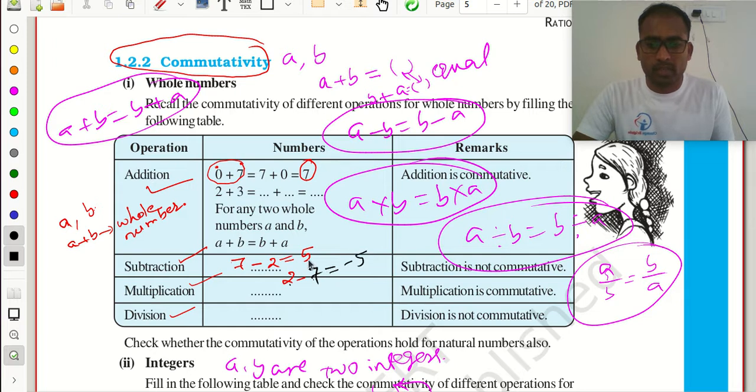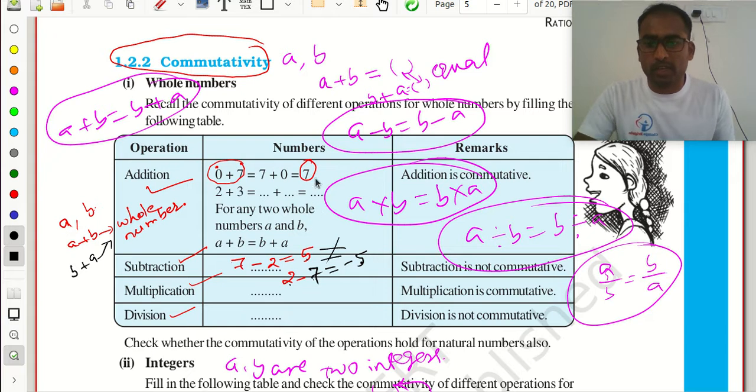Minus 5. Are this 5 and this minus 5 equal? They are not equal. So I can say these whole numbers are not commutative under subtraction.